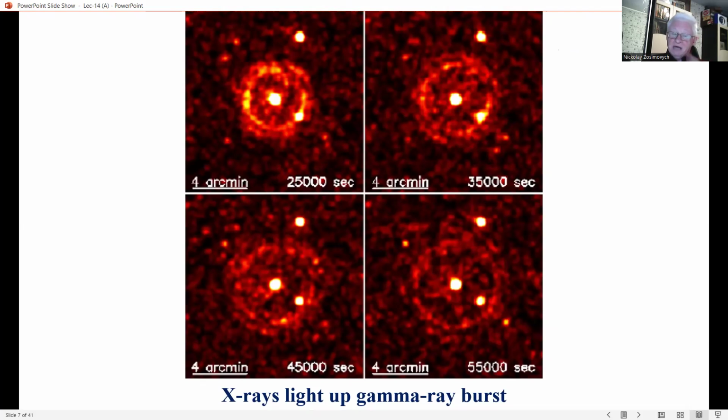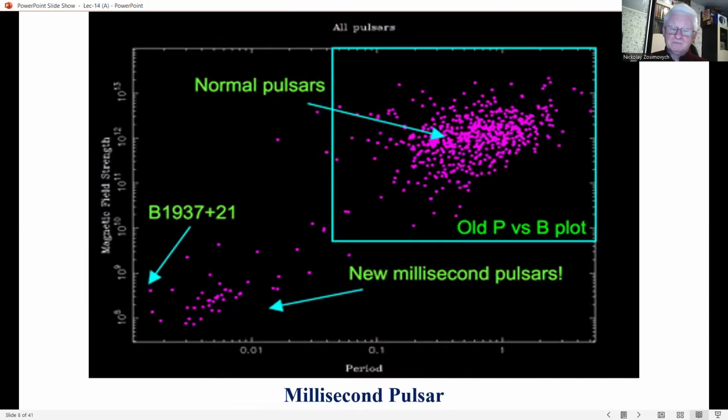X-ray bursters are systems in which matter accumulates on the surface of the neutron star and explodes. The fastest pulsars, the millisecond pulsars, appear to be old pulsars that have been spun up to high speed by mass flowing from binary companions.